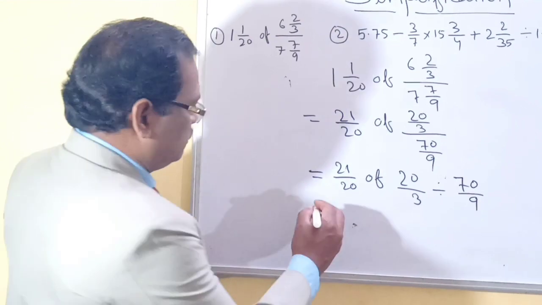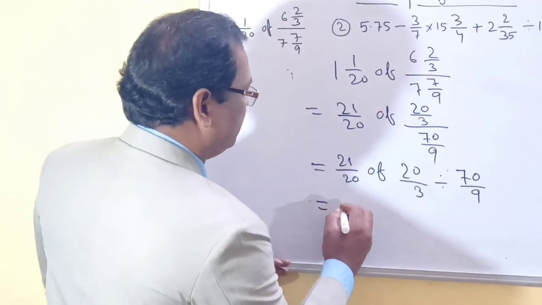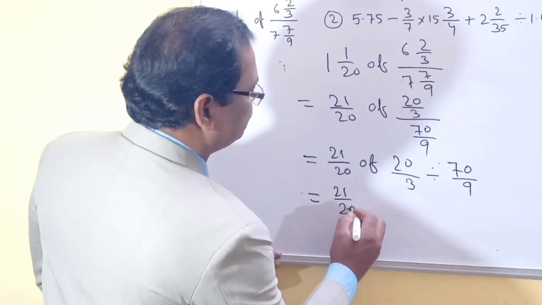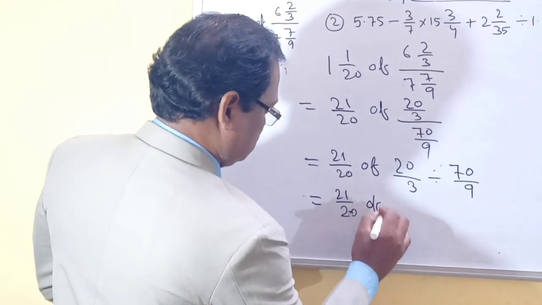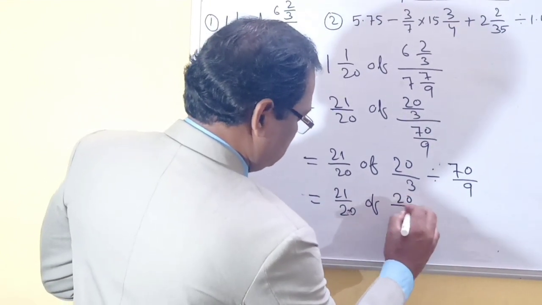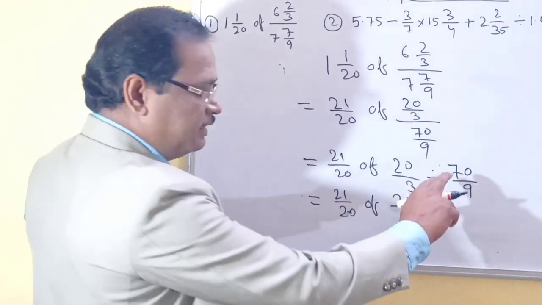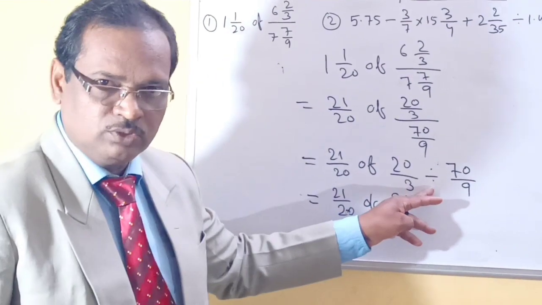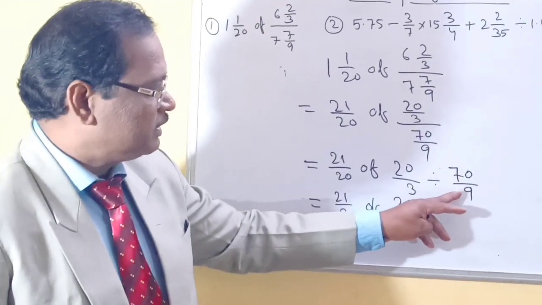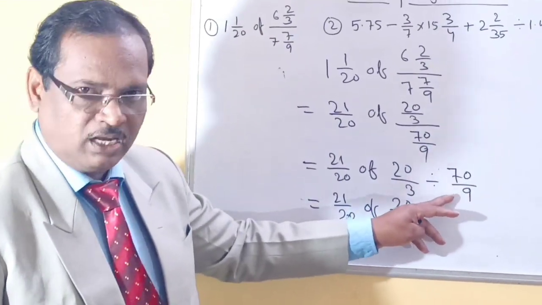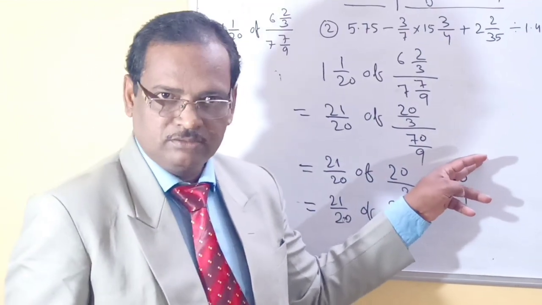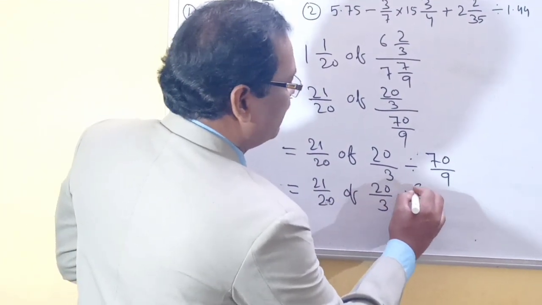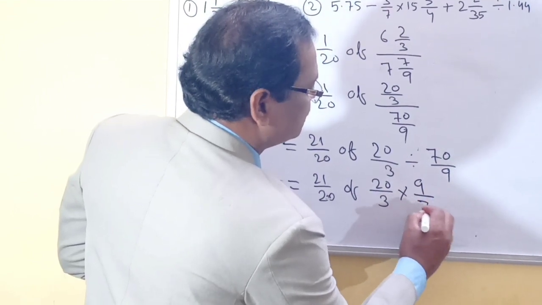Okay. So equal to, again, 21 by 20 of 20 by 3. Instead of division, we will do the multiplication. When I do the multiplication, the numerator becomes the denominator and the denominator becomes the numerator. Right? So into 9 by 70.